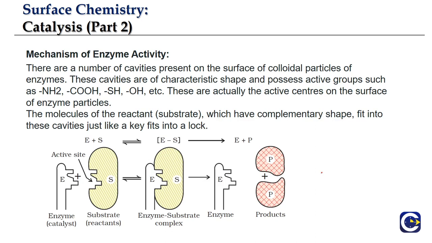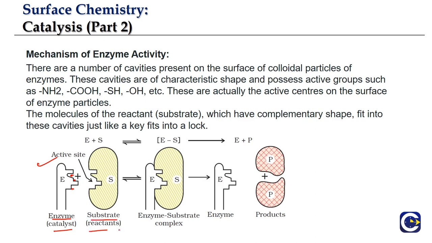Now coming to the mechanism of the enzyme activity. So what makes the enzyme activity so special in terms of being very efficient and very specific in nature? The enzyme activity is based upon the shape of the enzyme or biocatalyst molecule. If you look at the diagram over here, we can see that the enzyme or biocatalyst molecule has a particular kind of shape.